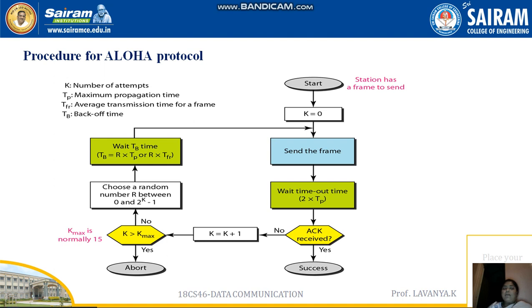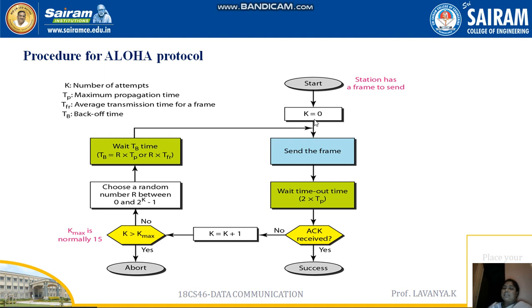In the Aloha protocol procedure, initially I start the transaction, meaning I start to send the data from source to destination. I am sending the frames to the destination. Initially k is equal to 0.